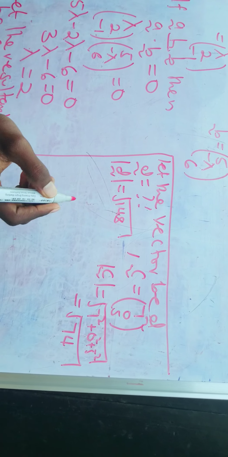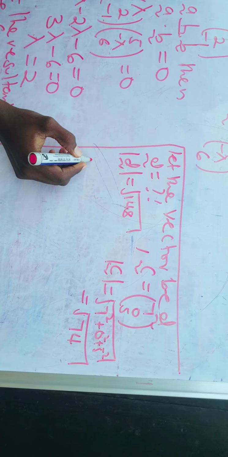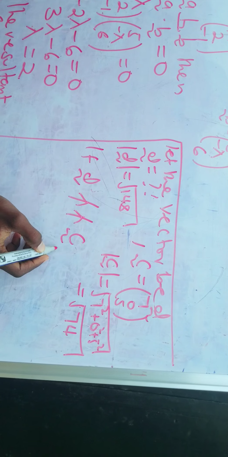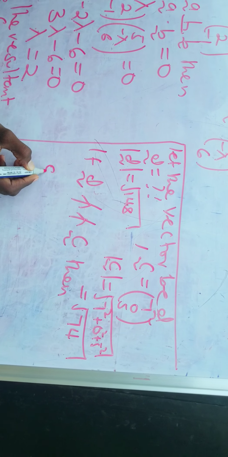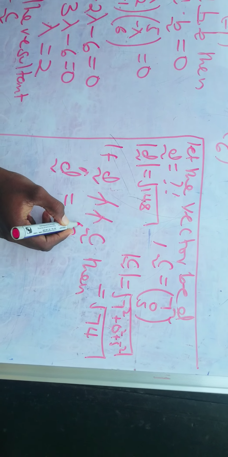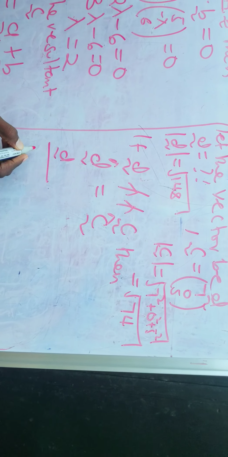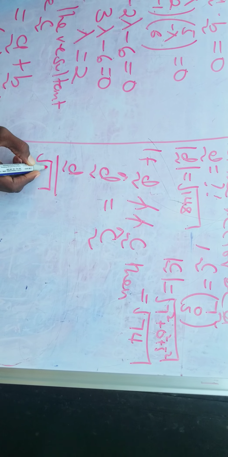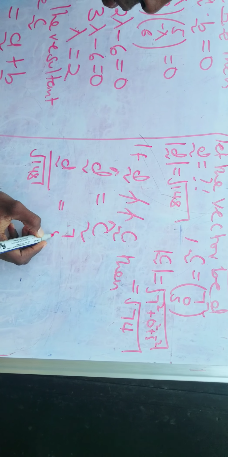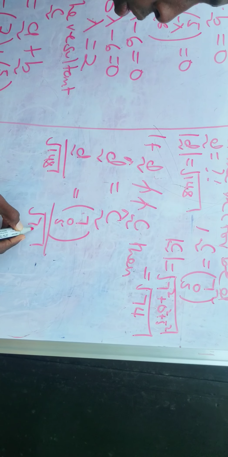So from our concept of unit vectors, if D is parallel to C, then D cap, which is the unit vector of D, will equal C cap. So D cap will be D all over the magnitude of D, which is root 148, which will equal C, which we know as (7, 0, 5), divided by the magnitude, which is the square root of 74.